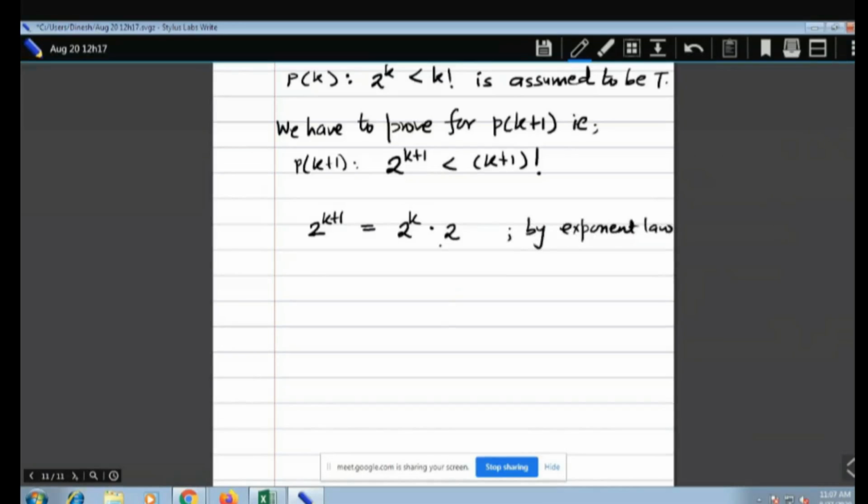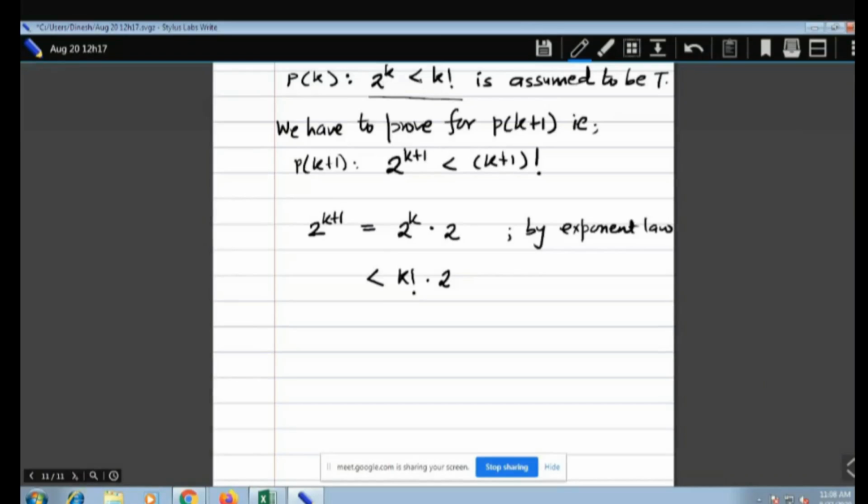Okay, and as you can see that 2 raised to k, here you have, look at this, 2 raised to k is less than k factorial, we know. So here you can say that if you have 2 raised to k on this side, you can say that it is going to be less than k factorial into 2. Okay, so I just have replaced this 2 raised to k, this relation.